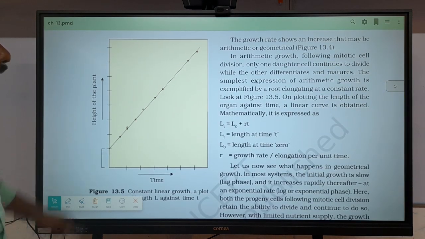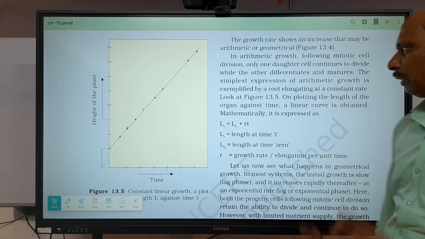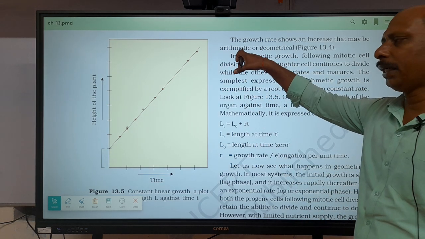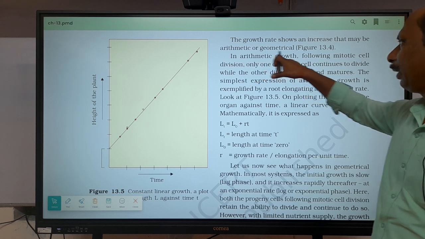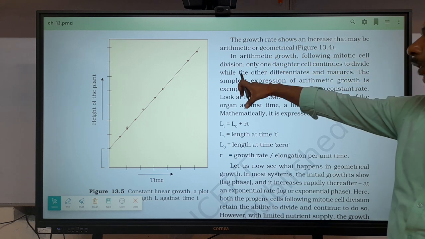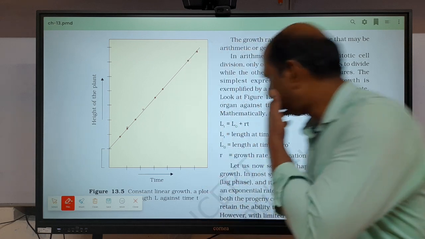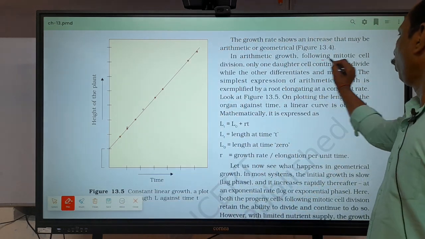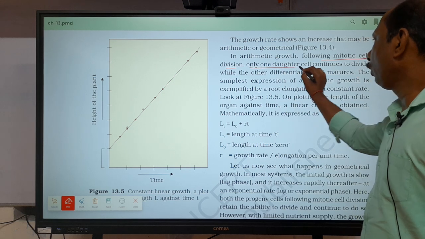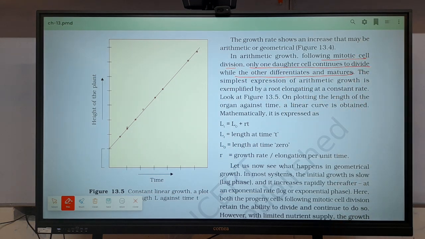Now here it is given, the growth rate shows an increase that may be arithmetic or geometrical, as we see in the first. Arithmetic means one-sided development, geometric means both-sided development. In arithmetic growth following mitotic cell division, only one daughter cell continues to divide while the other differentiates and matures.